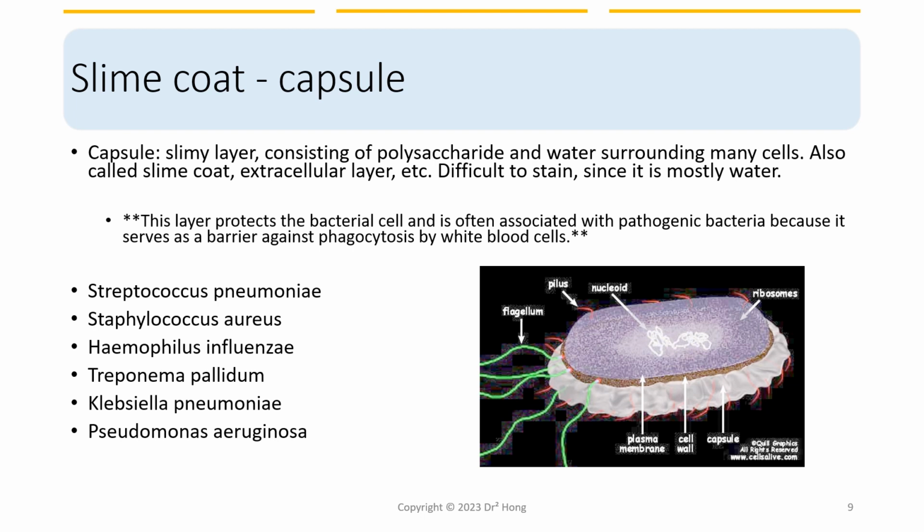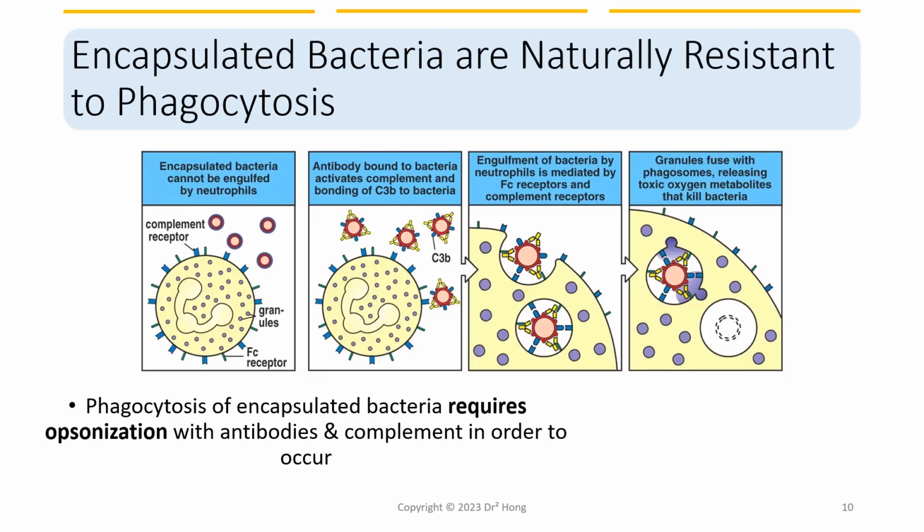Now, this layer protects the bacterial cell and is often associated with pathogenic bacteria because it serves as a barrier against phagocytosis by white blood cells. Encapsulated bacteria are naturally resistant to phagocytosis.